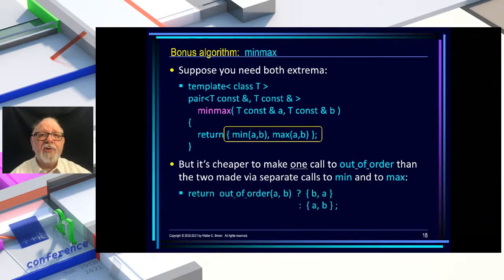And we can simply do this. Ask whether A and B are out of order, and if so, we return the pair consisting of B, comma, A. Otherwise, our default position is that we return the pair A, comma, B. And once again, we have stability at no extra cost. Stability is important in order-related algorithms, as we demonstrated earlier in this talk.